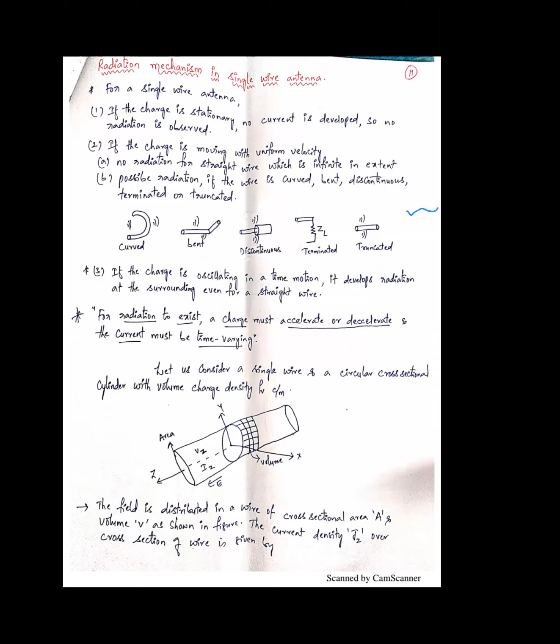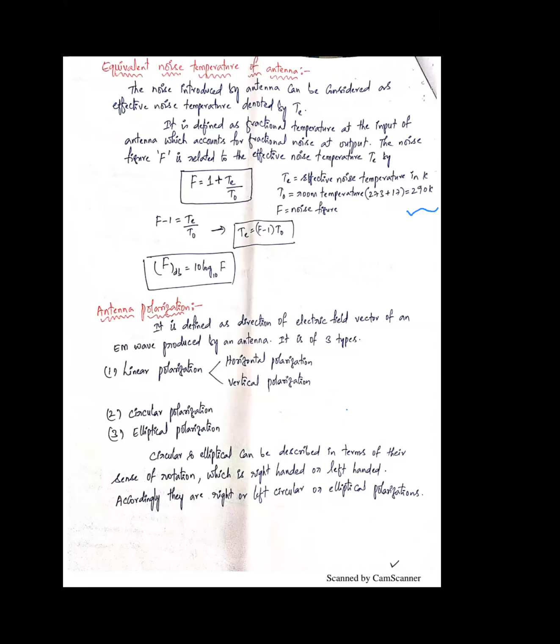Now there is a condition, whether it may be near field or far field. I am saying that for near field region, capital R is less than 2D square by lambda, where R is distance between transmitter and receiver.